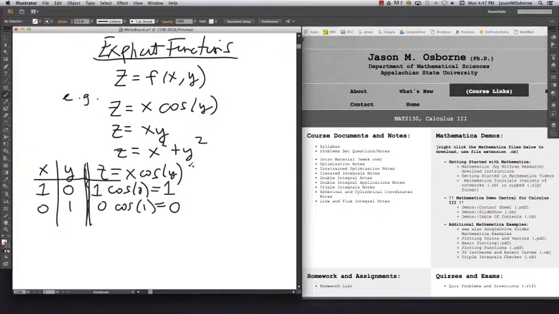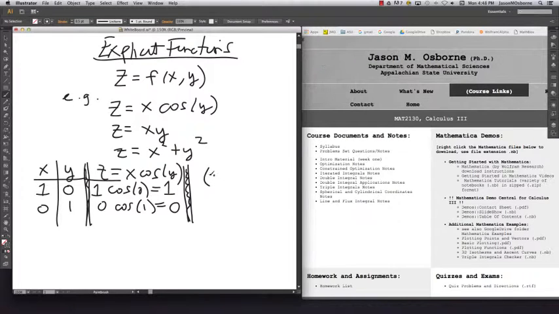So what you find here is that when the functions are explicit, meaning that z is explicitly solved in terms of x and y, it's easy to get the z value given some xy value. So you now have 2 points.